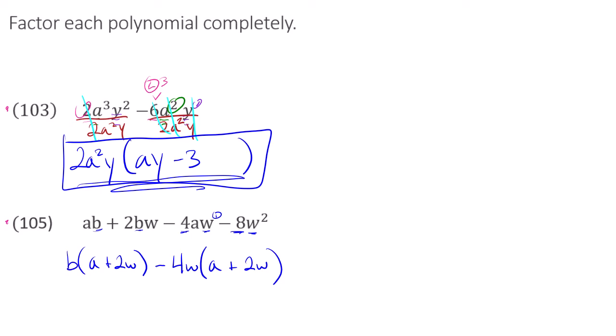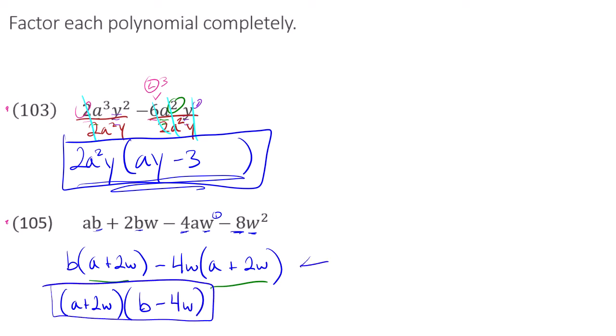All right, and so now we realize that this is in common with this, so we can bring that to the front, a plus 2w. And then our leftovers are going to go back inside. So the leftovers in this case are b minus 4w. All right, and that's as far as we can go.